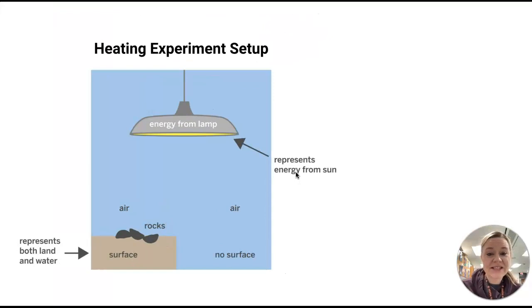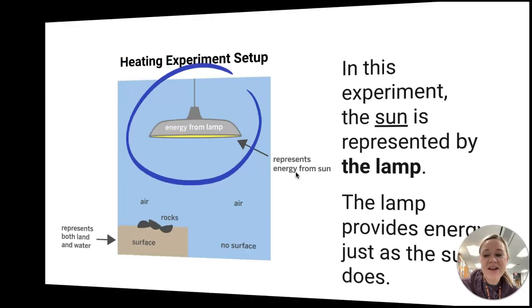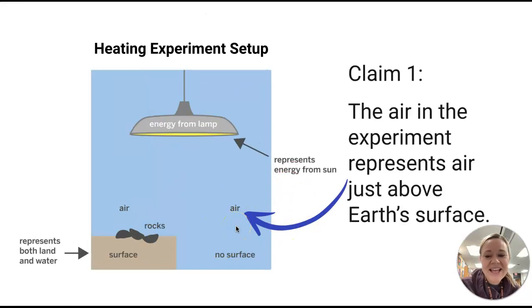In your heating experiment lab today, you are going to have a lamp, which is going to represent the energy from the sun. We are going to have some air, which is going to represent the air. And this is going to be the air directly above the surface, just like we talked about in our last lesson with the atmosphere.